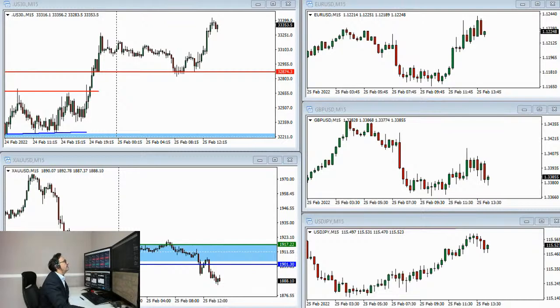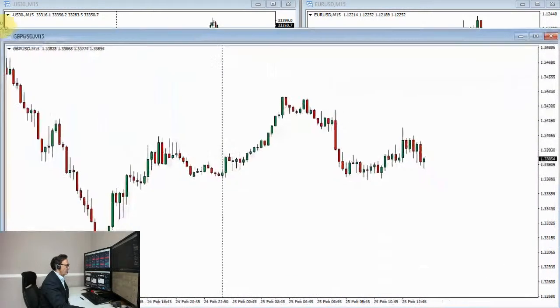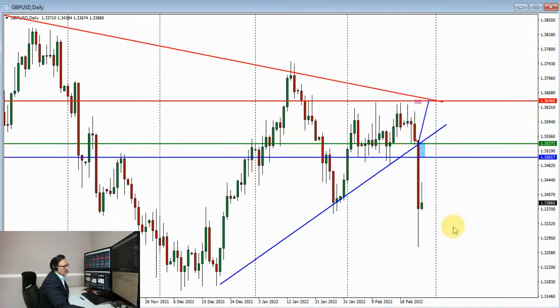Okay. The other thing that I was telling you about that I was looking to do was cable, so sterling dollar. We had this massive corrective pullback in sterling dollar, a loss of 135.30. I was initially long here, then I got stopped out.